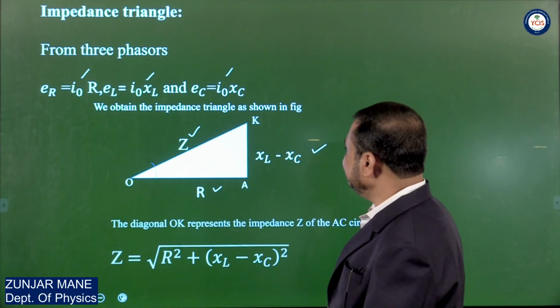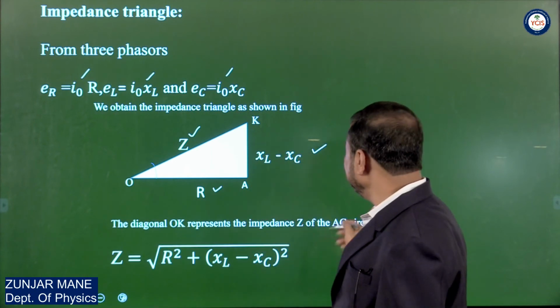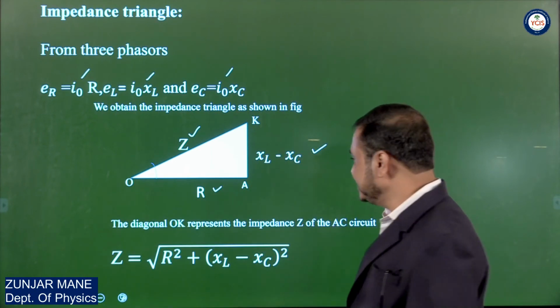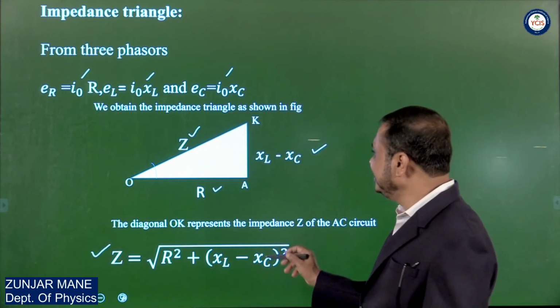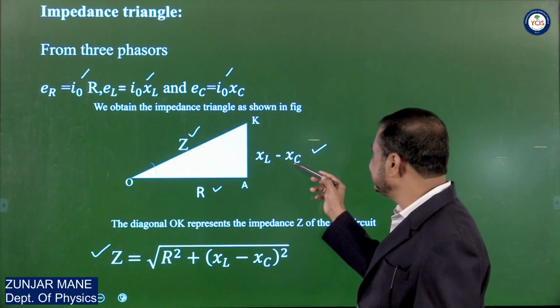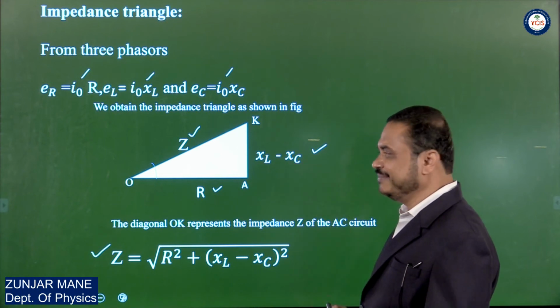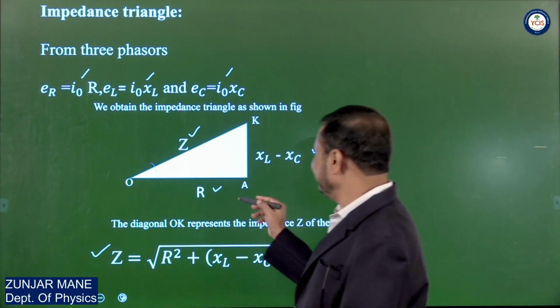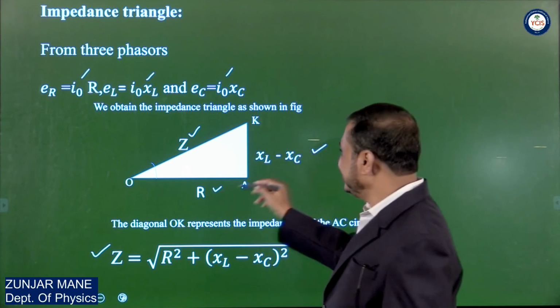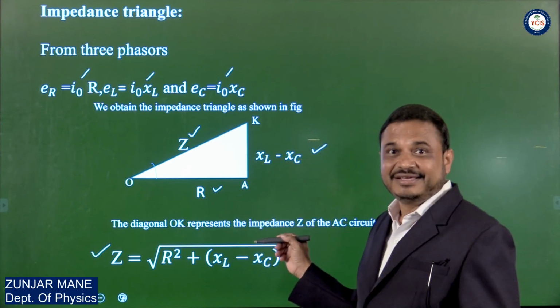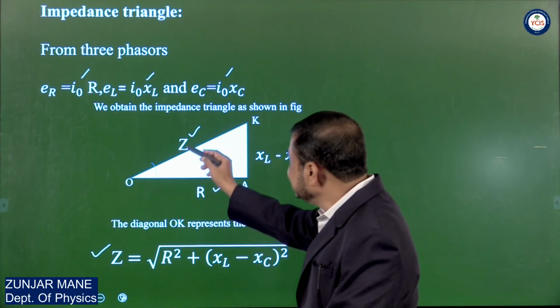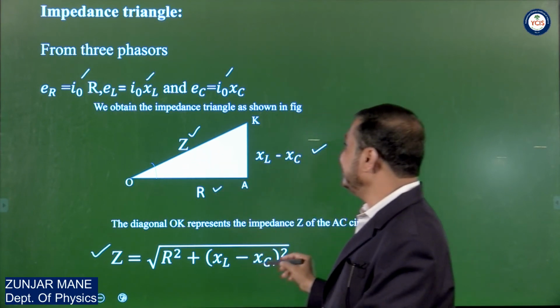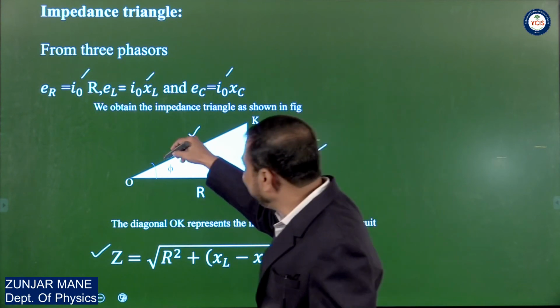So the diagonal OK represents the impedance Z of the circuit, which is given by the equation Z is equal to the square root of R square plus (XL minus XC) square, and here the resistance and the resultant reactance are inclined by pi by 2, but Z is inclined with R by a phase angle phi.